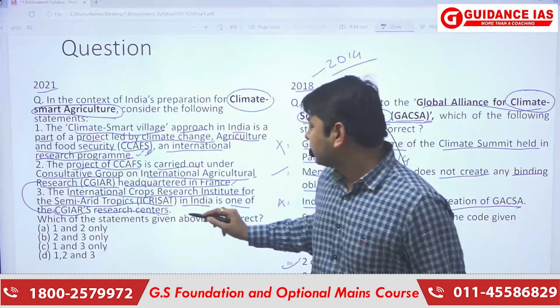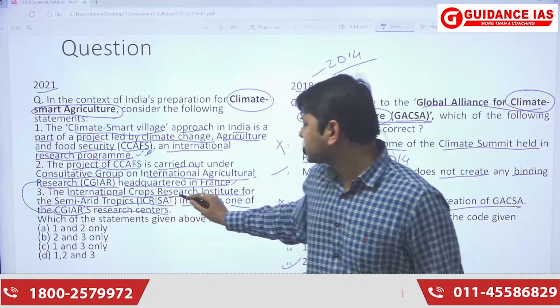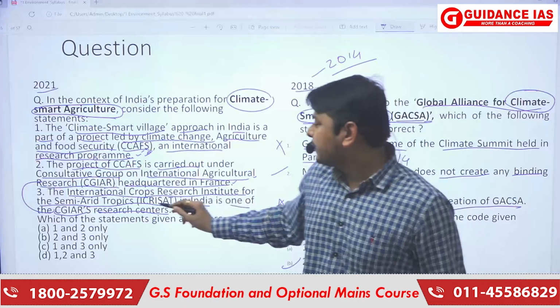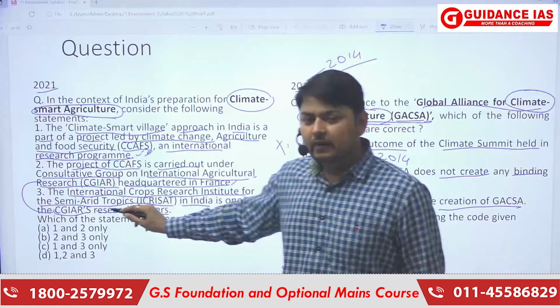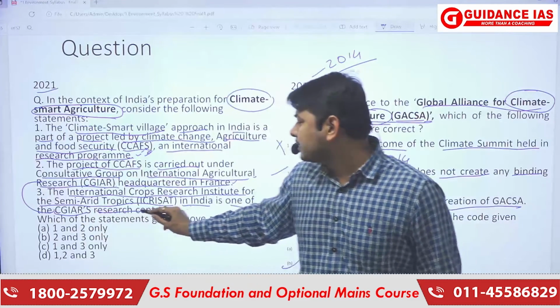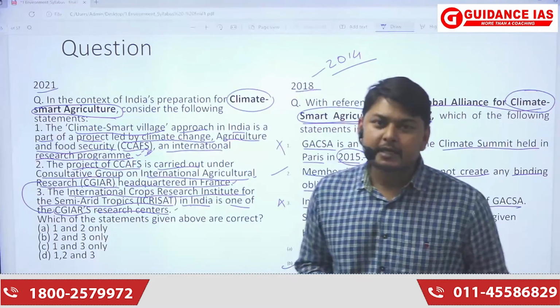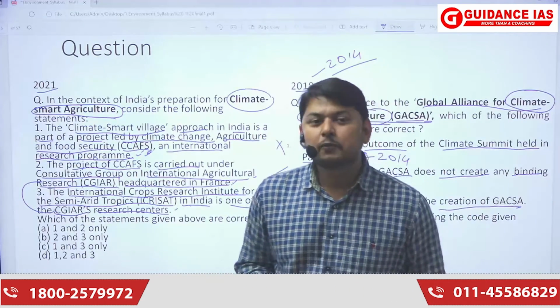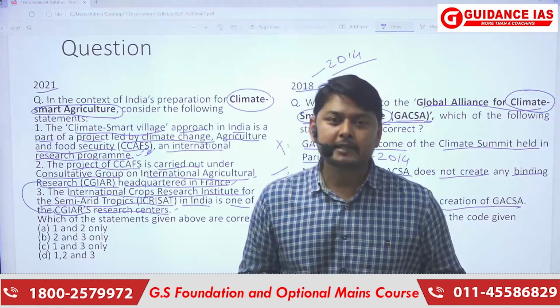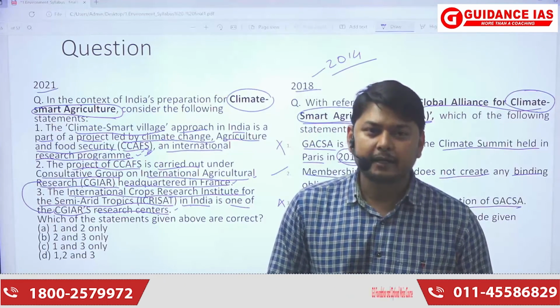Third, it asks whether the International Crops Research Institute for the Semi-Arid Tropics in India is one of the CGIAR's research centers. This statement is also correct. If I link these two questions, they both come from climate smart agriculture.